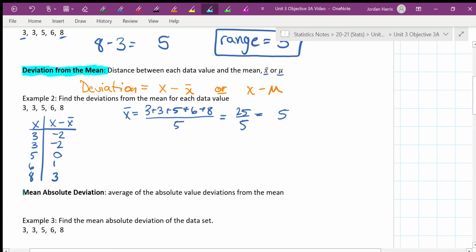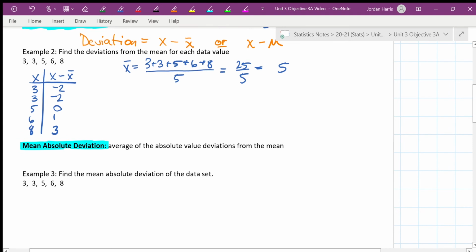So we have first the mean absolute deviation. Once again, this is one way to deal with this. It doesn't have a fancy symbol because it's not used super often, but you do need to know it for this chapter. The absolute deviation is the sum of the absolute value of the deviations divided by how many there are.